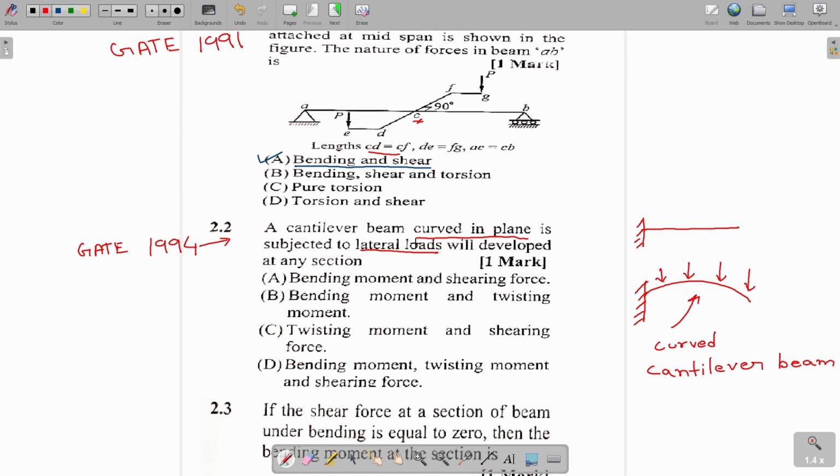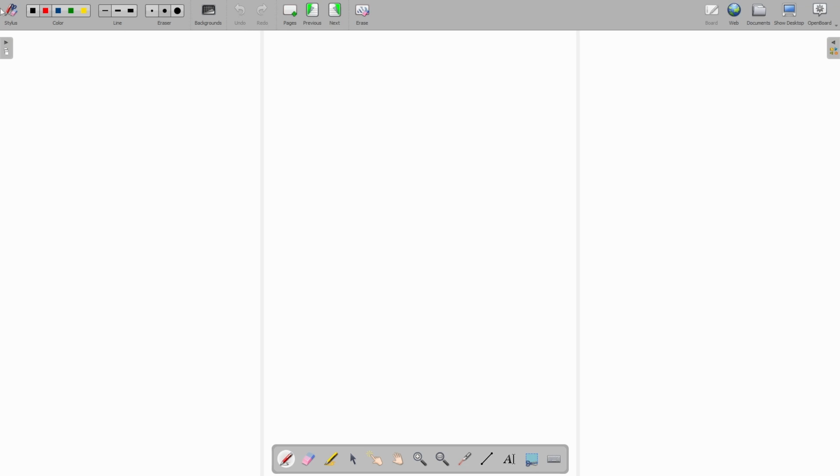Since the number of loads is not mentioned, I am going to take 4. So if I write like this, a curved cantilever beam, loads are placed like this.